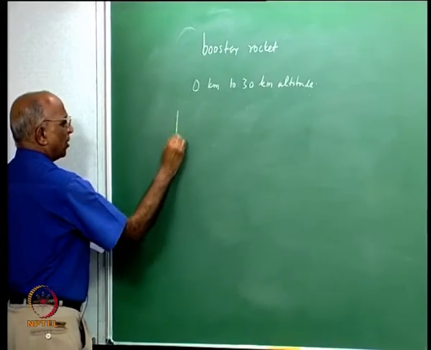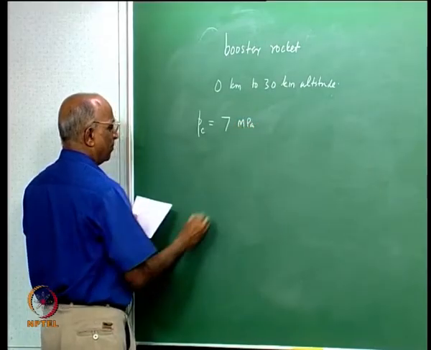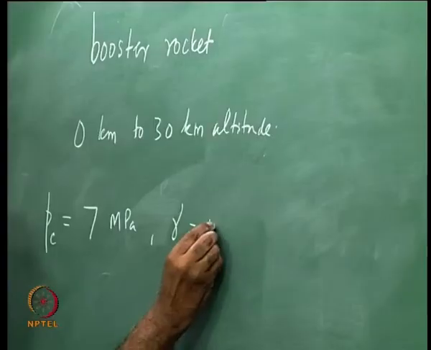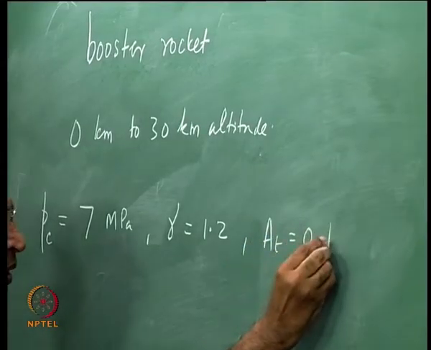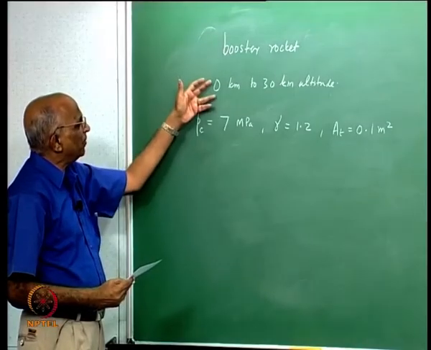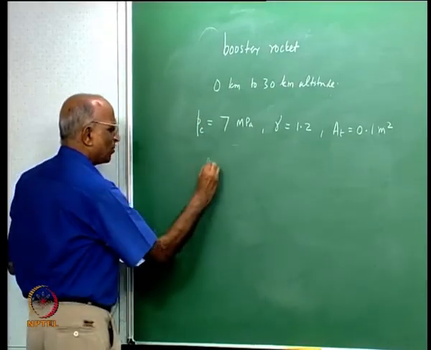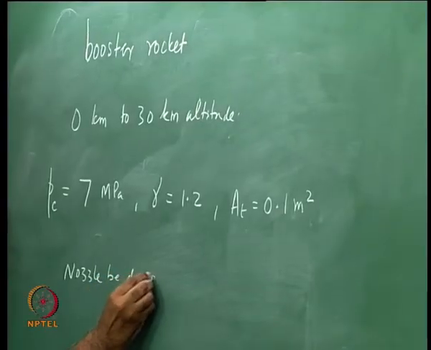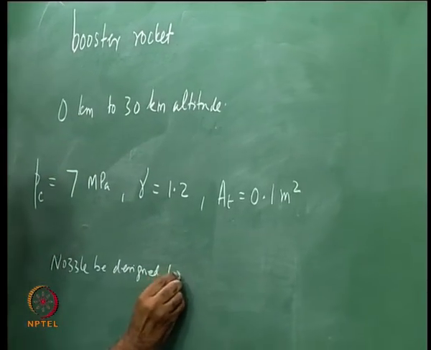The chamber pressure of this rocket, PC, is given to be 7 MPa, that is 70 bar. The combustion product specific heat ratio is 1.2, and the throat area AT is equal to 0.1 meter square. Since this rocket flies between 0 to 30 kilometer altitude, the designers felt, let the nozzle be designed for the mean of the two, say 15 kilometer altitude.